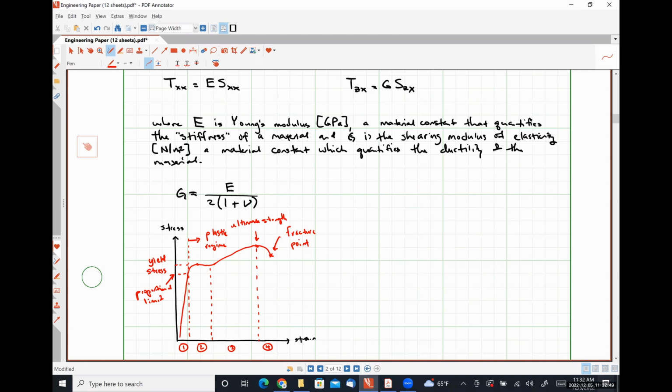So this is what we would see in a ductile material.